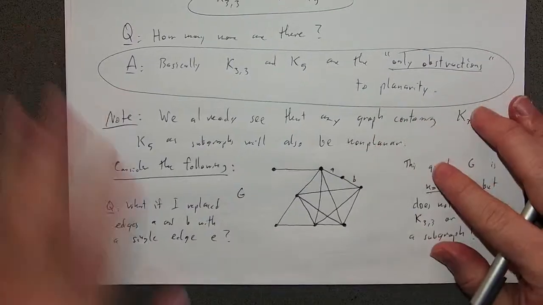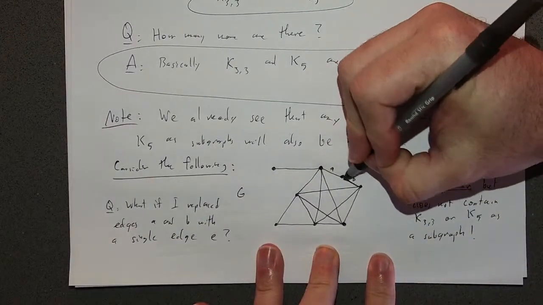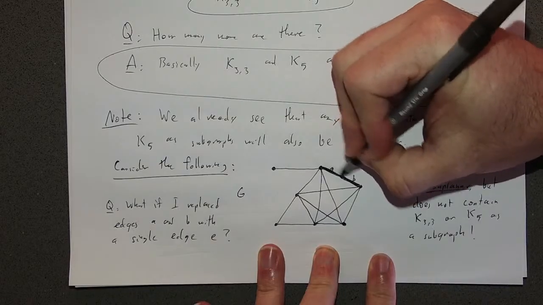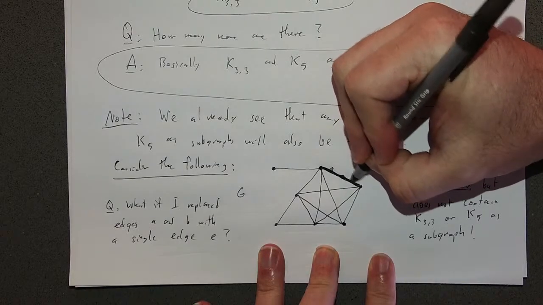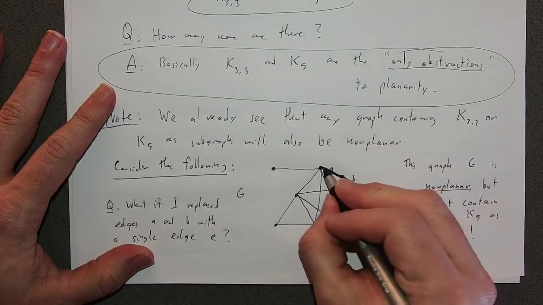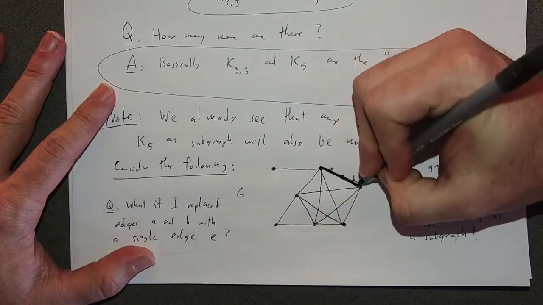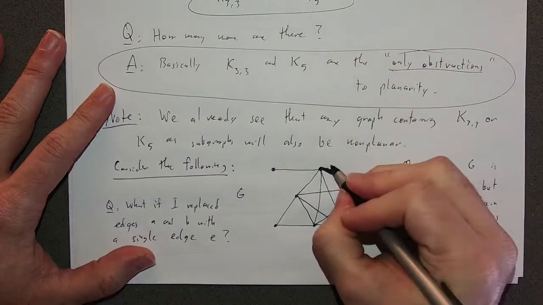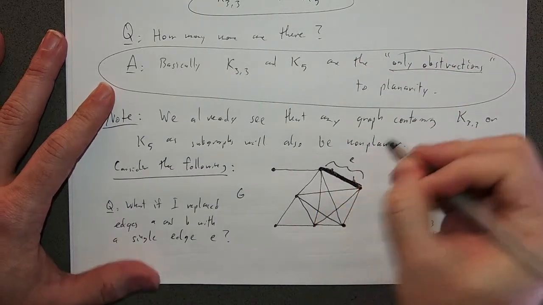So I'm going to take this graph and get rid of that vertex in the middle, and have a single edge here replacing that vertex. I'm going to get rid of those two edges and replace them with a single edge here, and label this edge E.